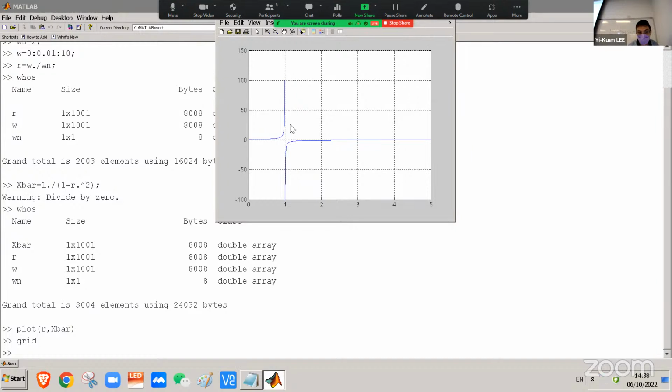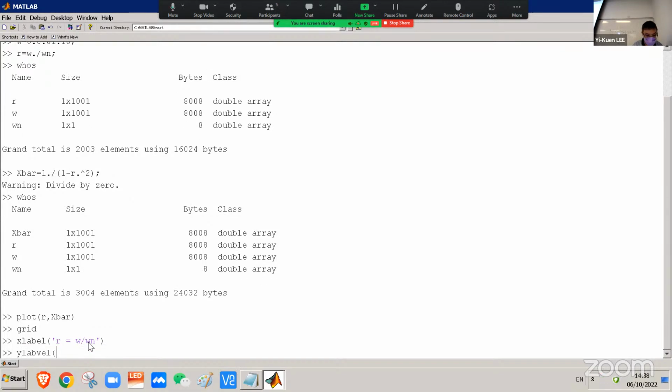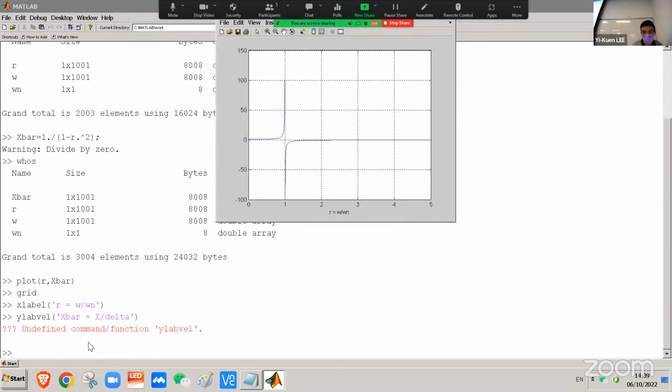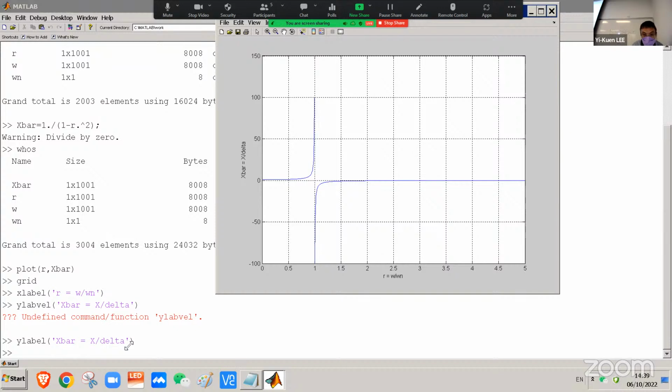So we can plot this, and then we can label the X label and the Y label. We demonstrate, show you this.